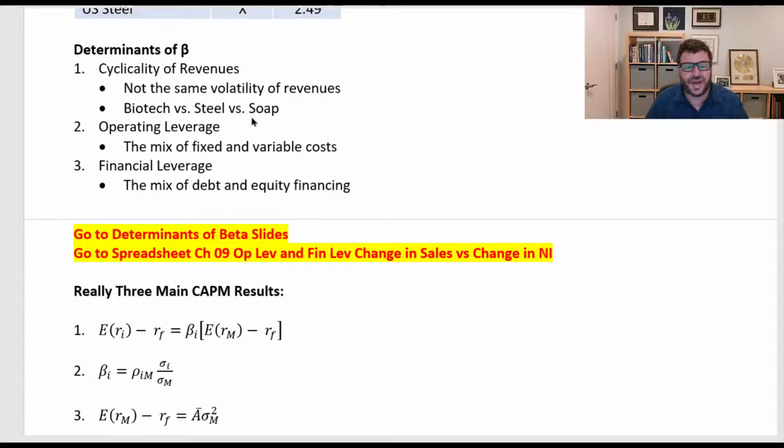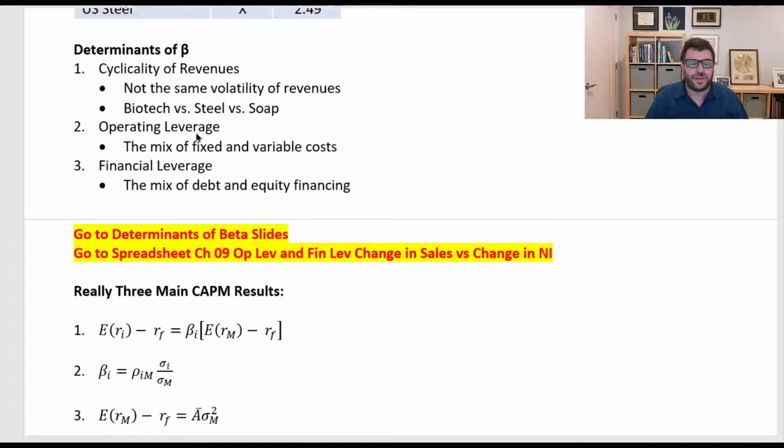The next factor is going to be the operating leverage, and that's going to be the mix of fixed cost versus variable costs. And the operating leverage is extremely important because if I have an increase in revenue, but a lot of fixed costs, that's going to magnify the effect of the change in revenue on the change in EBITDA or earnings.